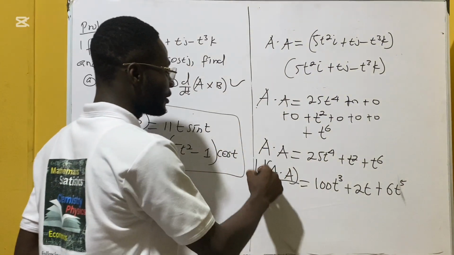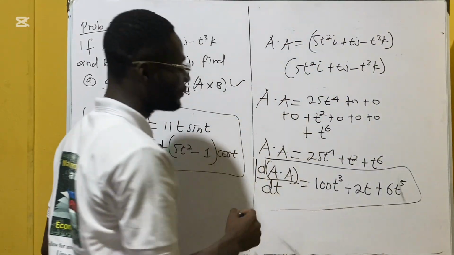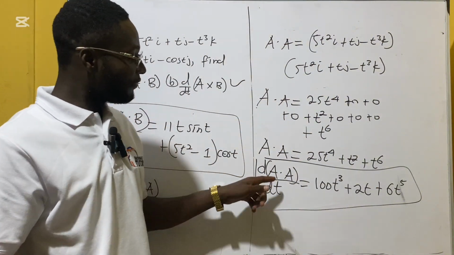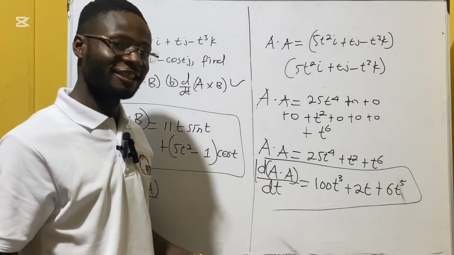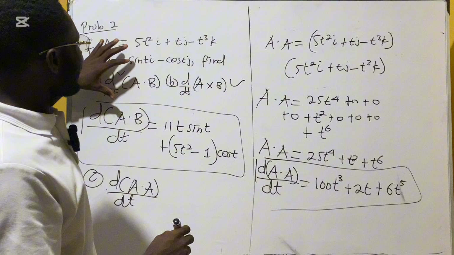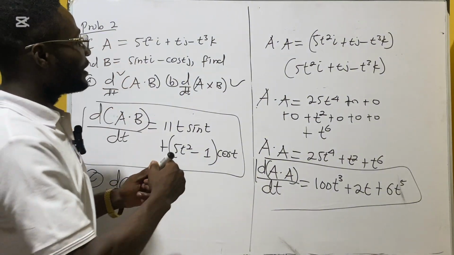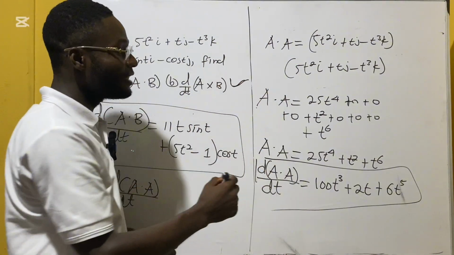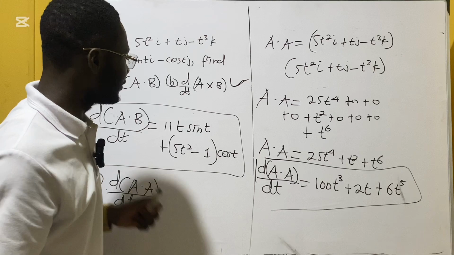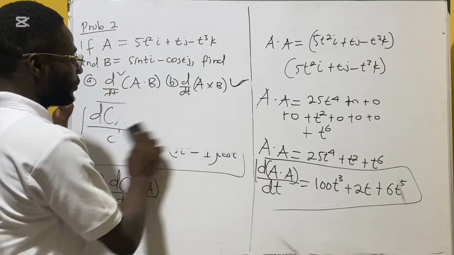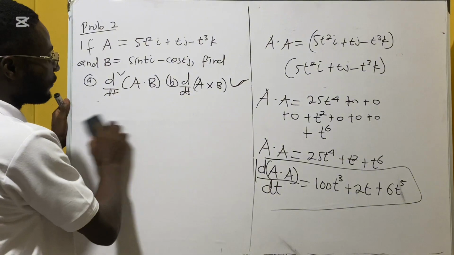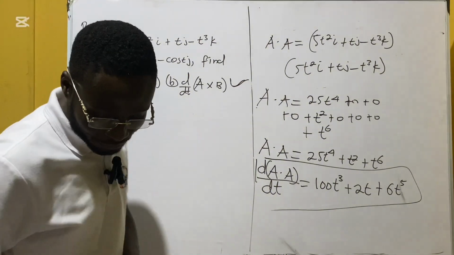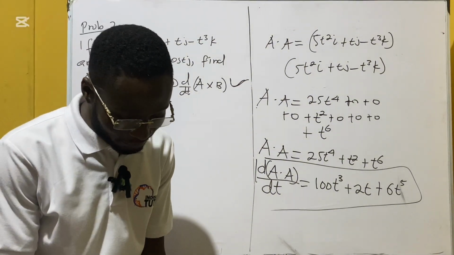Okay, so this is the differential of A dot A with respect to t. That is great. So I leave this to you. Please try, and when you get it, reach out to me and I'll have a bonus for you.